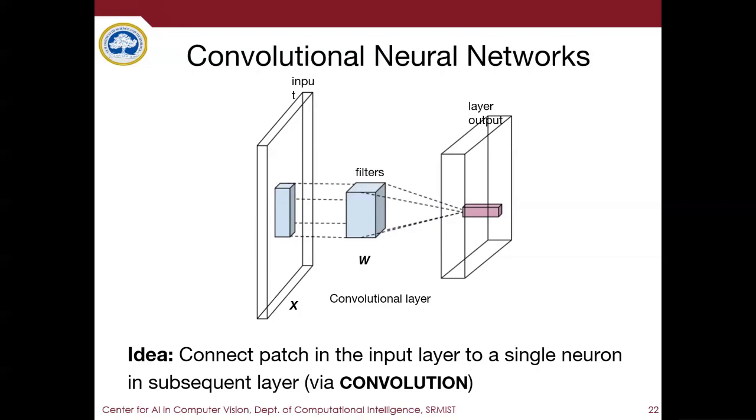It ends up in a neuron at this level. You do the convolution as a sliding window, meaning you start from the leftmost corner at the top, then shift one step and do the convolution again, and the next step, and so on.